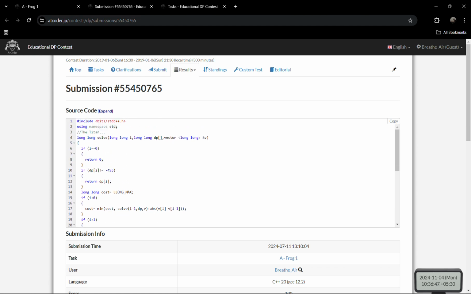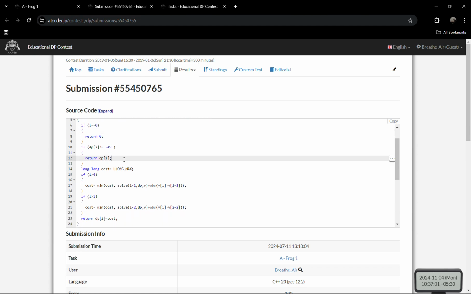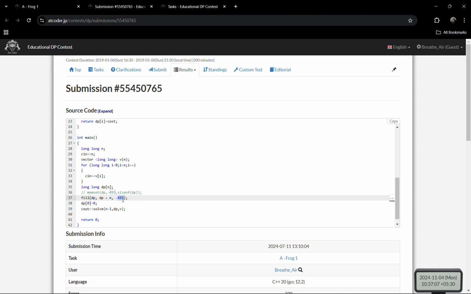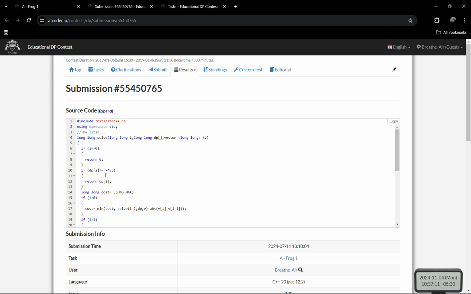What this solve function will do is that if i is 0, meaning the stone to be reached is the first stone, because I'm using zero based indexing, we will return directly 0, right? We are already on that stone, so returning 0 is mandatory. And if dp of i is not equal to minus 493, not equal to the previously initialized value, it is already calculated and stored.